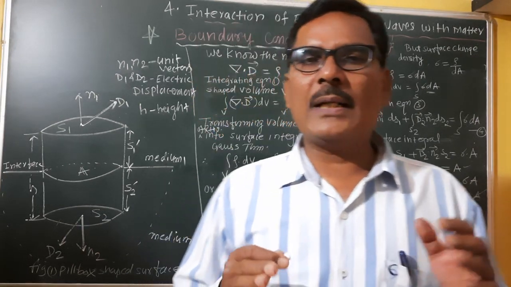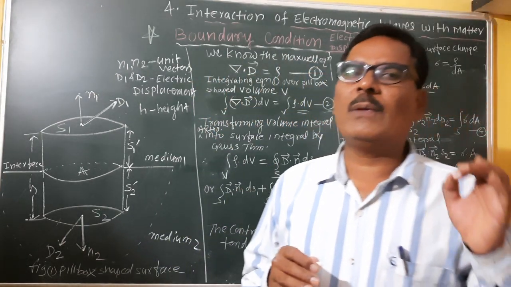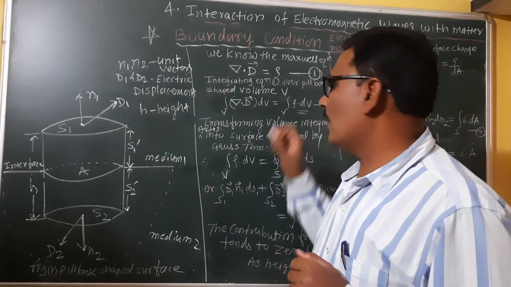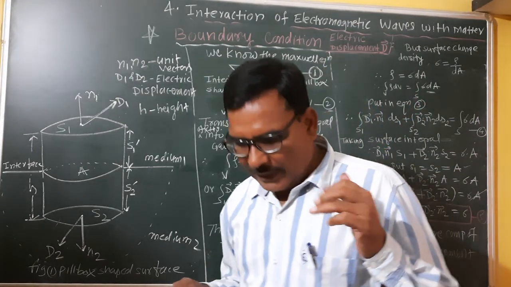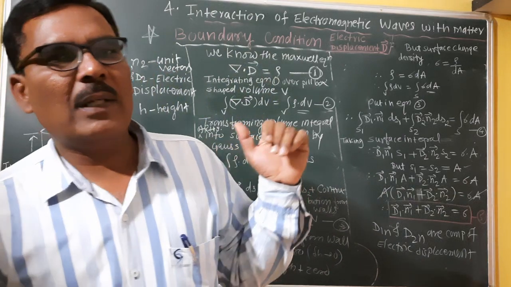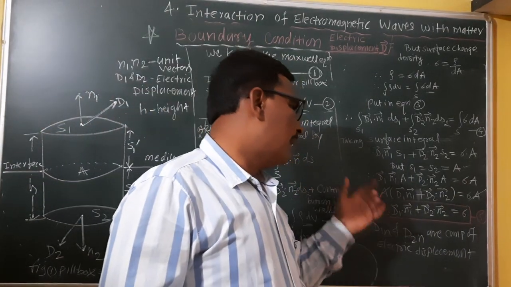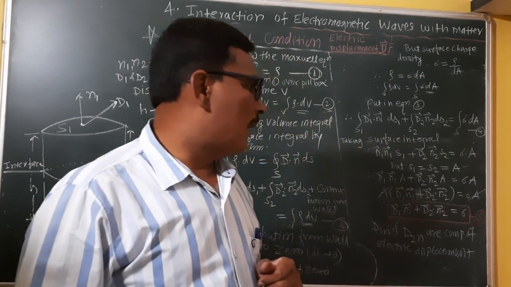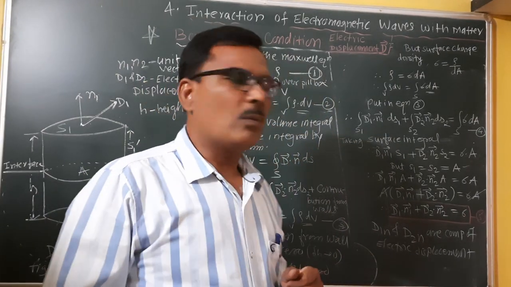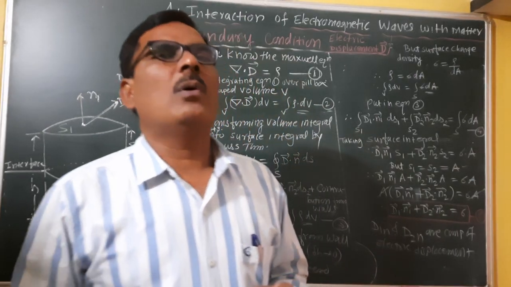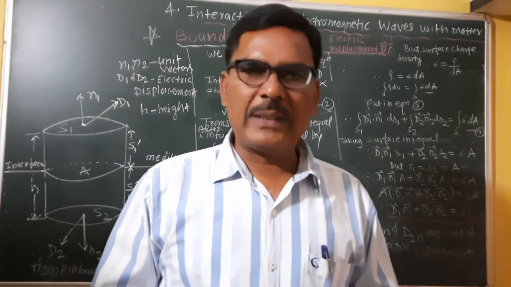Here we use divergence of d bar is equal to rho, and applying the Gauss divergence theorem, these terms can be expanded. Finally, we get d1 bar into n1 bar plus d2 bar into n2 bar is equal to sigma. This is the boundary condition for the electric displacement vector.